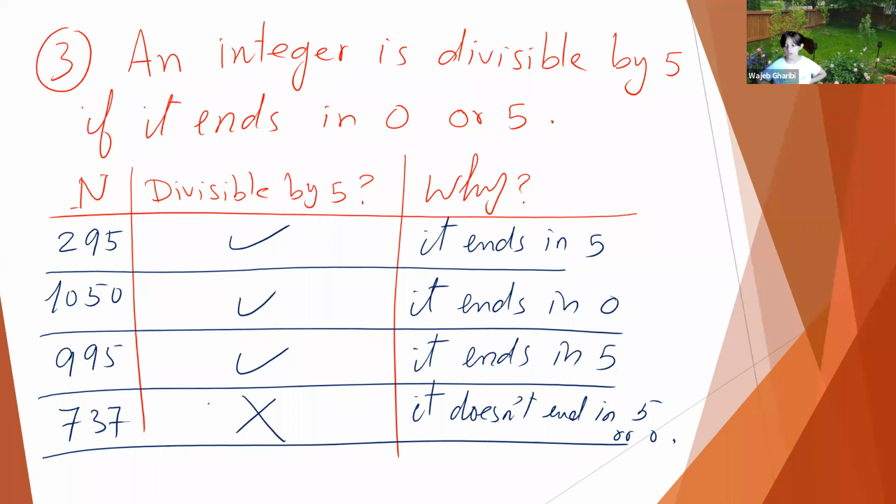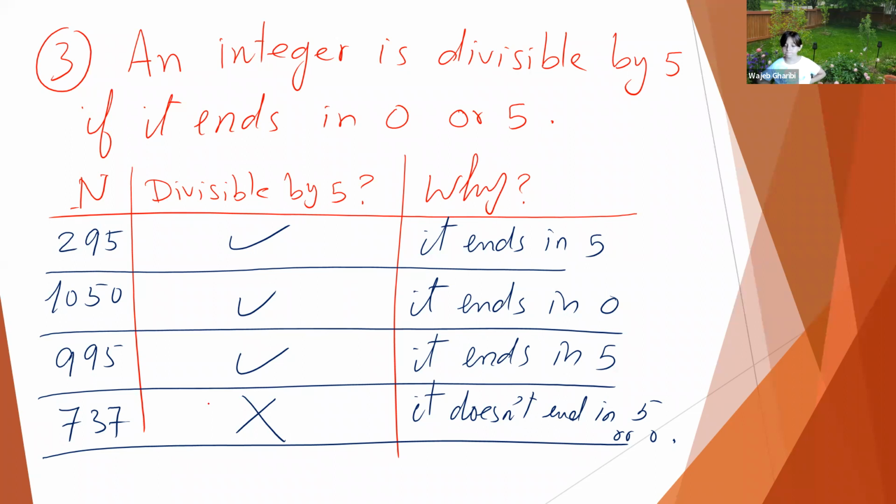An integer is divisible by 5 if it ends in a 0 or 5. Give an example. 295 is divisible by 5 because it ends in a 5. How about 995? Yes, it is divisible by 5 because it ends in a 5.